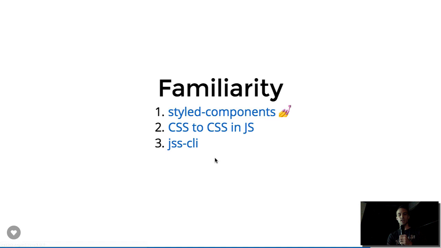And then there's the JSS CLI. JSS is another CSS and JS library, and it has this CLI to convert a CSS file into a JSS file, which is pretty neat.